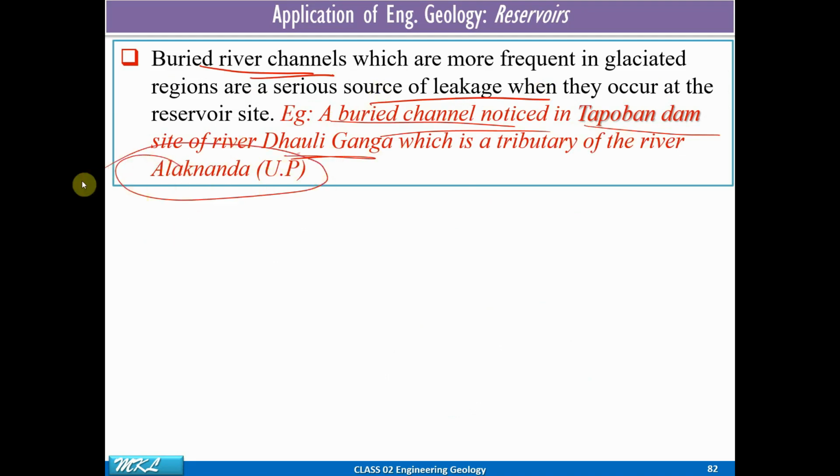So there is a Tapovan Dam. Okay, I think it's in UP or UK, I don't remember. So a buried channel was noticed there, and they have taken several remedial measures to make your dam construction successful. Because कुछ प्रॉब्लम आएगा उसको तुमको मिटिगेट करना होगा, और बिफोर हैंड तुमको उसका प्लानिंग करना है. That's why you require this geological knowledge and all.